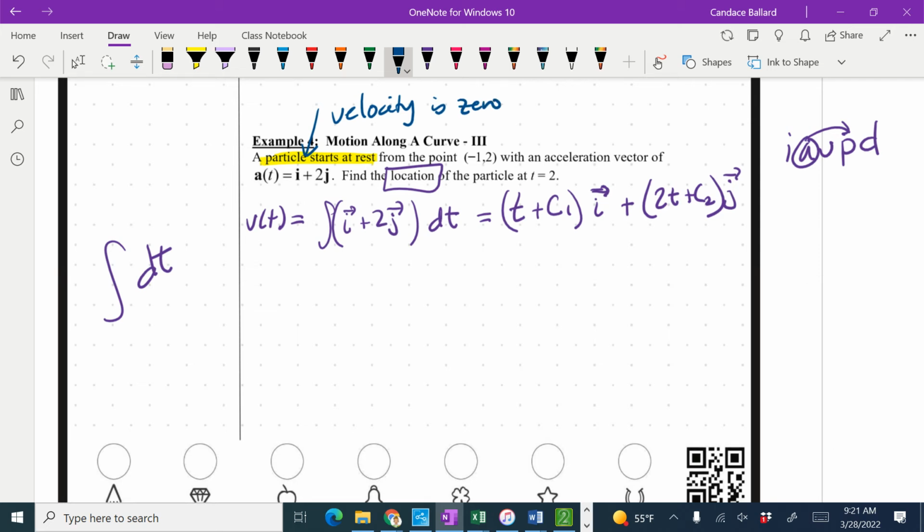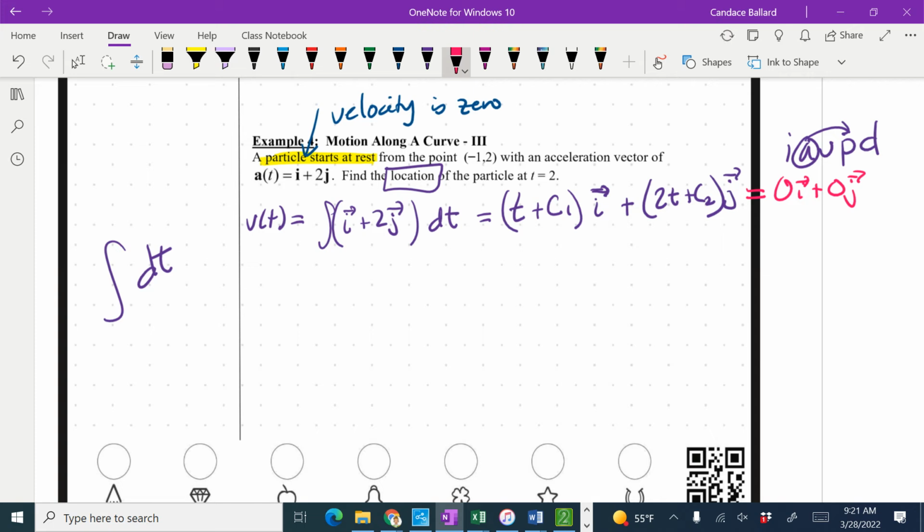So really what I'm doing, I know that it's 0i + 0j. I'm going to solve for each one of those components to find my c values. It's going to seem silly because it's all zeros, but this is the process in case it wasn't. They may have given you some kind of velocity in there.